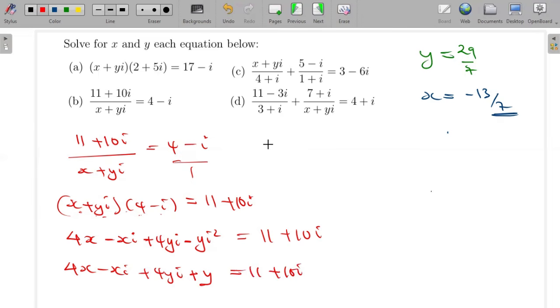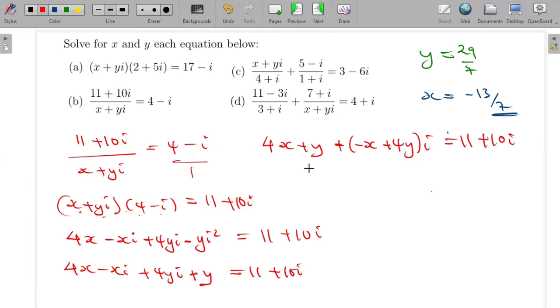So now I can write that the real part is just going to be 4x plus y, and then you have the other one, which is going to be plus negative x plus 4y, and then the i, is equal to 11 plus 10i.